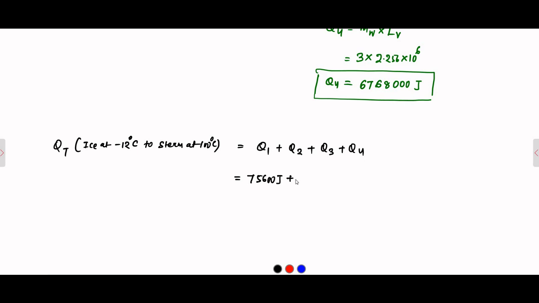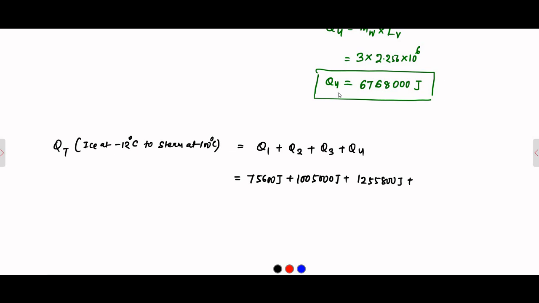Then in the second step, conversion of ice at 0 degrees Celsius to water at 0 degrees Celsius, constant temperature, so latent heat of fusion, it is coming around 1,005,000 joule. Then in the third step, conversion of water at 0 degrees Celsius to water at 100 degrees Celsius, specific heat, it is coming 1,255,800 joules.